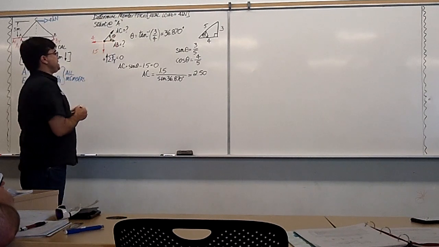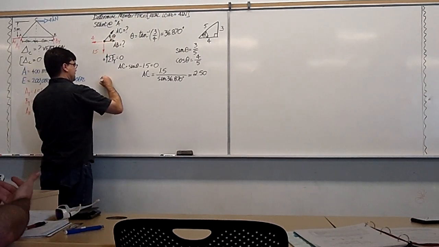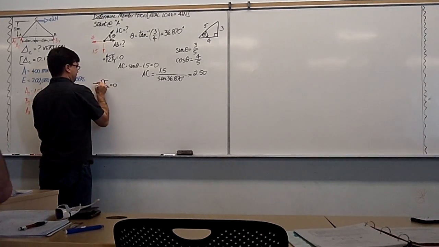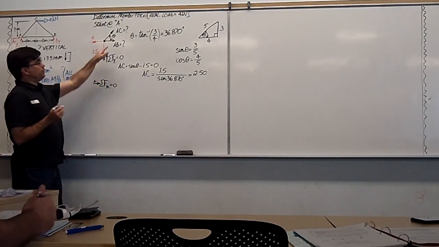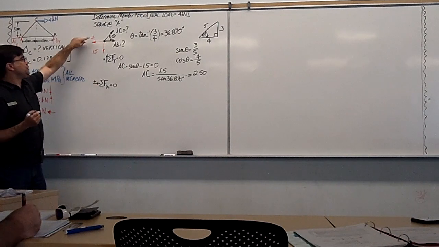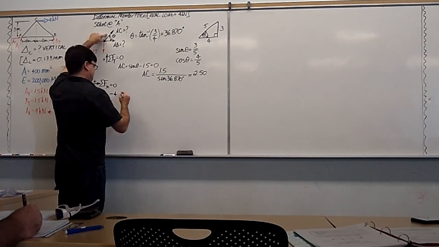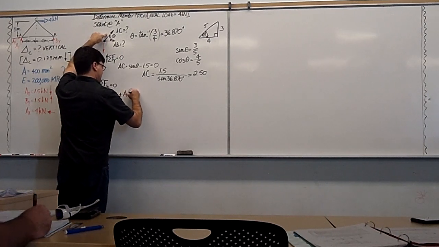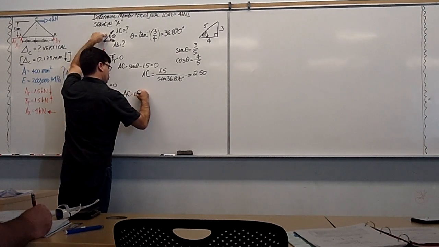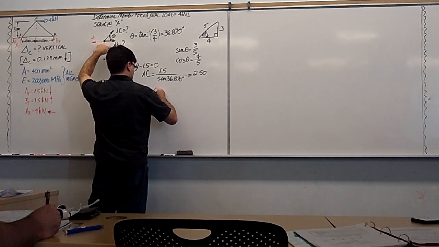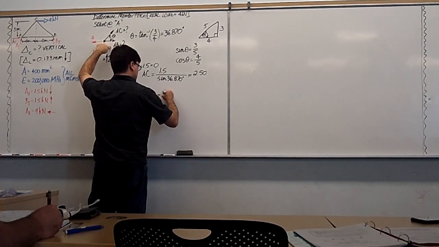Now that we have AC, if we do the sum of the forces in the x direction, we can figure out AB. So in the x direction, we have minus 4 kilonewtons plus AC cos of the angle plus AB. All of that is equal to 0.